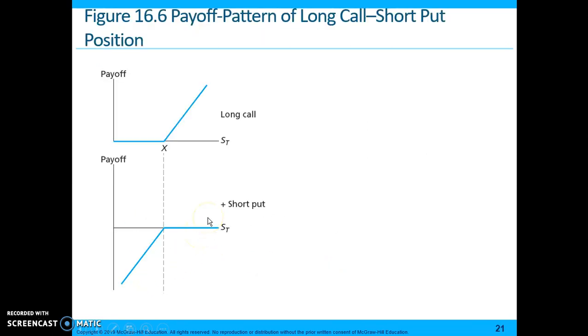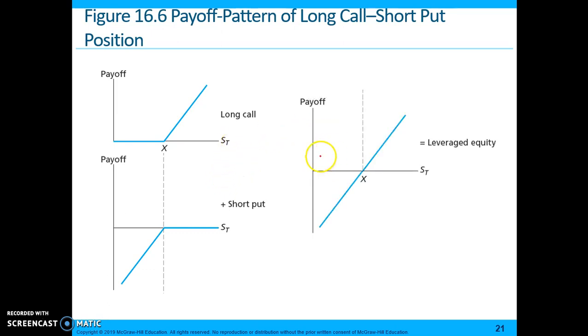We can recreate this position by comparing a long call and a short put. Okay, so we're buying the call and we're writing a put. So basically, this is identical to the leverage equity position that we created with our binomial option pricing model.